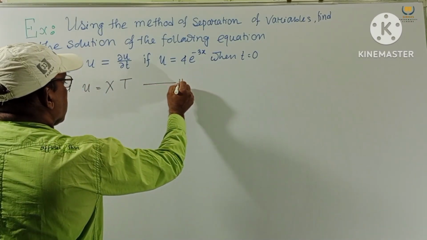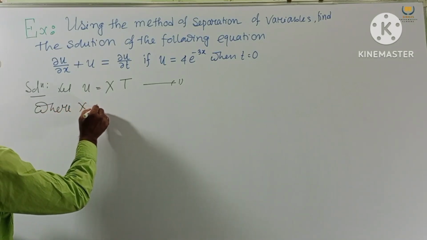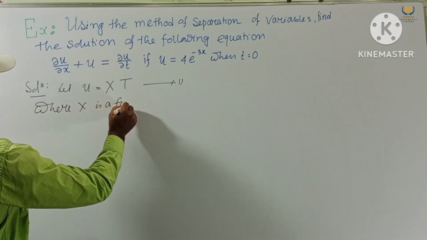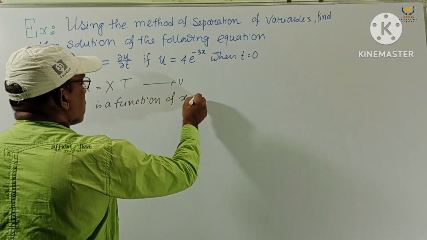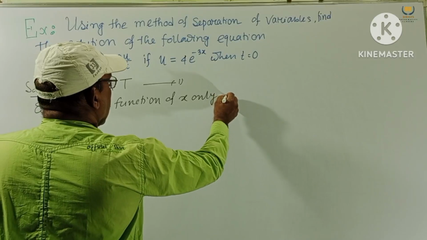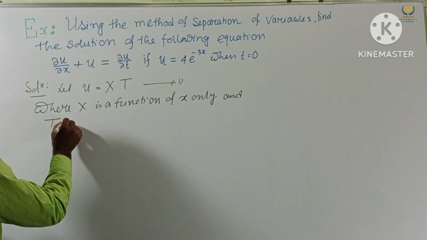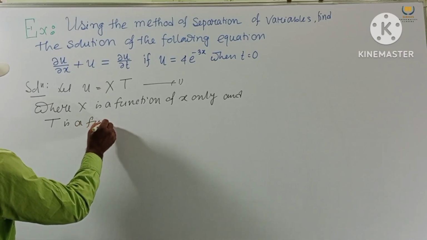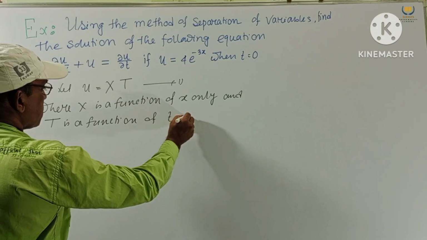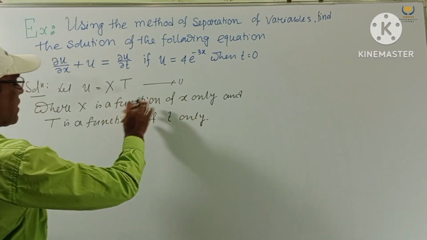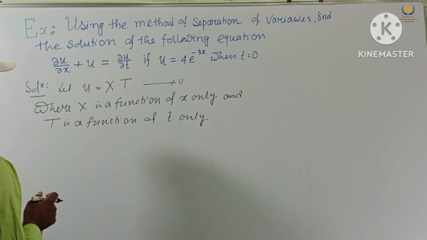This is number 1, where X is a function of x only and capital T is a function of small t only. Capital X is a function of small x only and T is a function of small t.